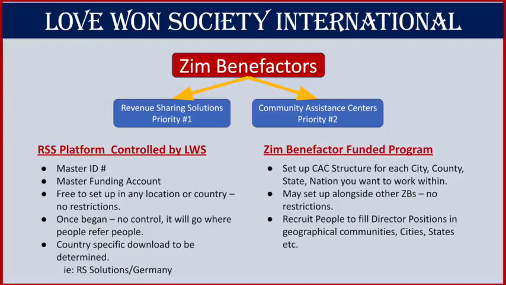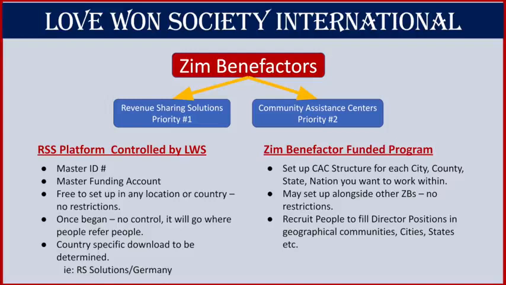So the CAC structure is for each city, county, state, nation, or wherever you want to work within. You may set up alongside another ZIM benefactor. There are no restrictions. So if there's a whole bunch of you in an area, you can each set up your own community assistance centers and start working towards each of the different communities.